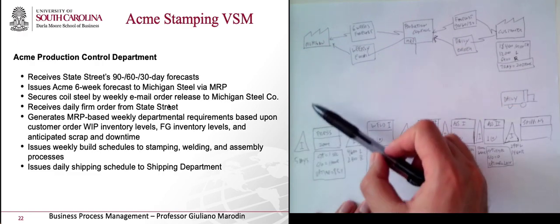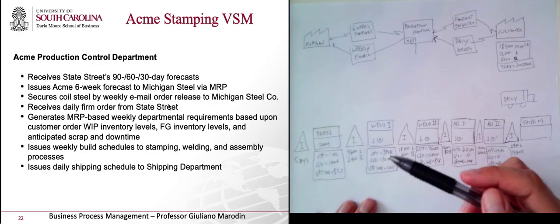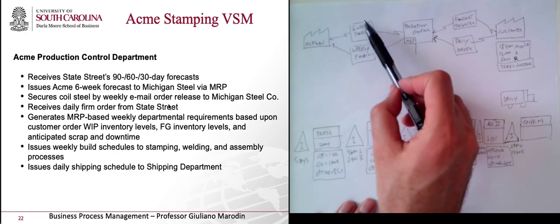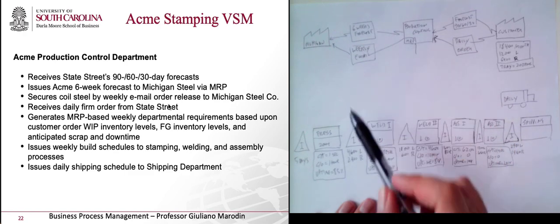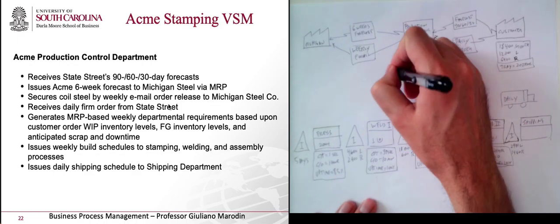We'll look at the lead time that things take to get there, and do all these calculations to find out what the forecast is, and what are the orders that each place needs to be doing. So the MRP system here generates the weekly schedule.